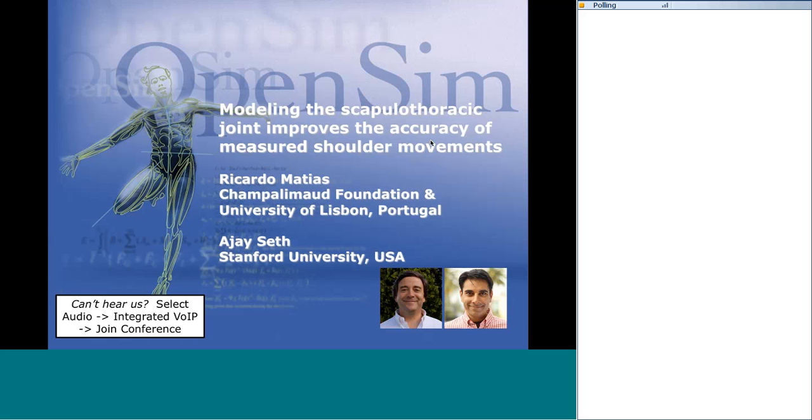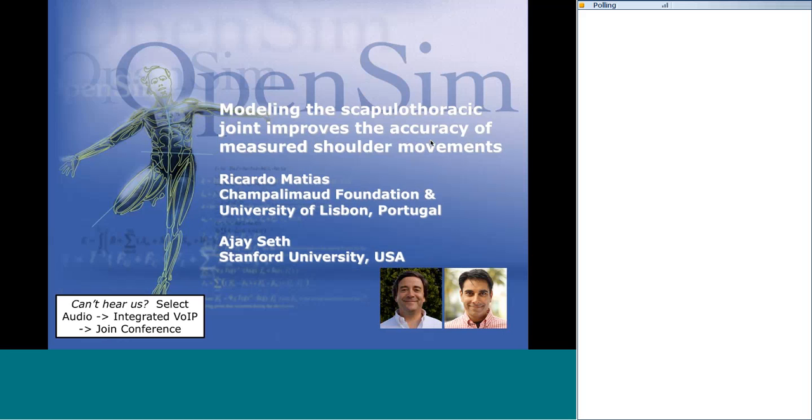So now I'd like to go ahead and introduce our speakers. First, Ricardo Matias. Ricardo earned his PhD in human kinetics from the University of Lisbon. And now Ricardo is a guest researcher at the Neuroaction Research Group of the Scapulothoracic Model Foundation and a researcher at the Neuromechanics of Human Movement Research Group at the University of Lisbon.